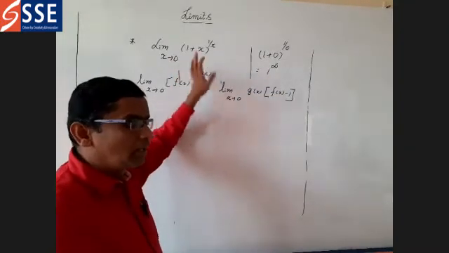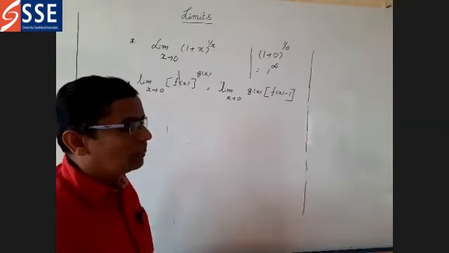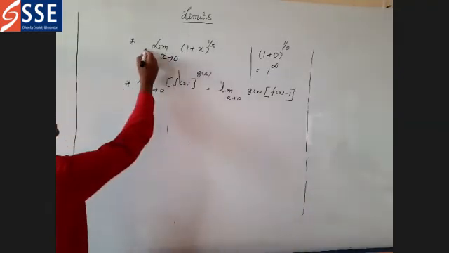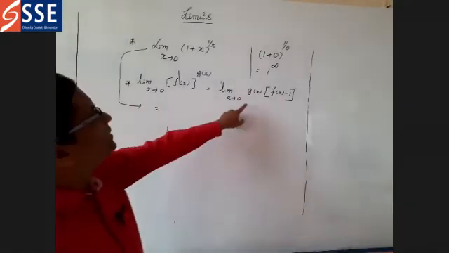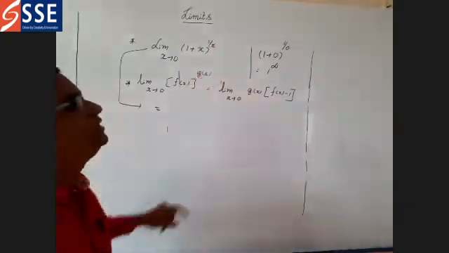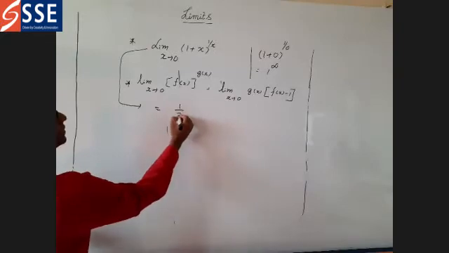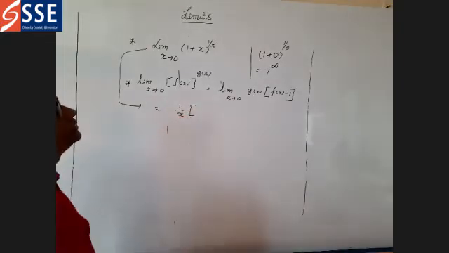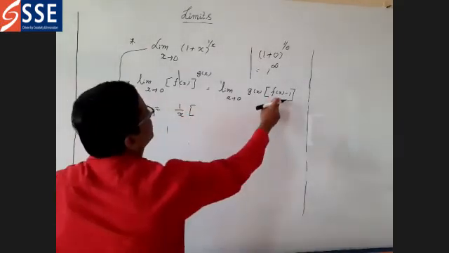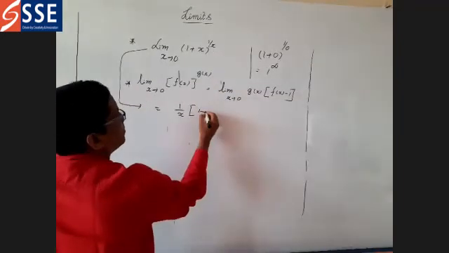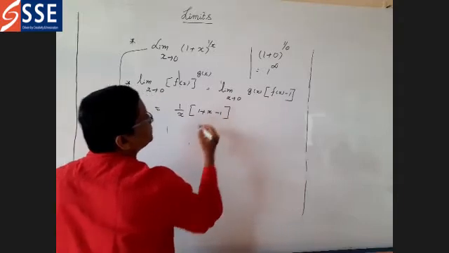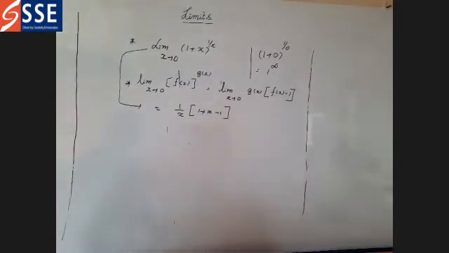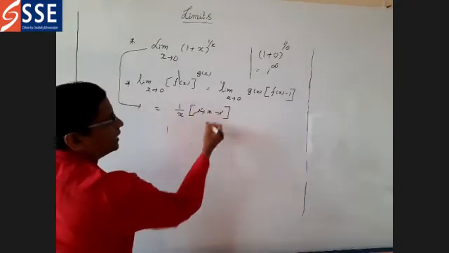Now we can do the problem. What is g of x here? The power, 1 by x. And f of x is 1 plus x. So f of x minus 1 is 1 plus x minus 1; the 1 gets cancelled.